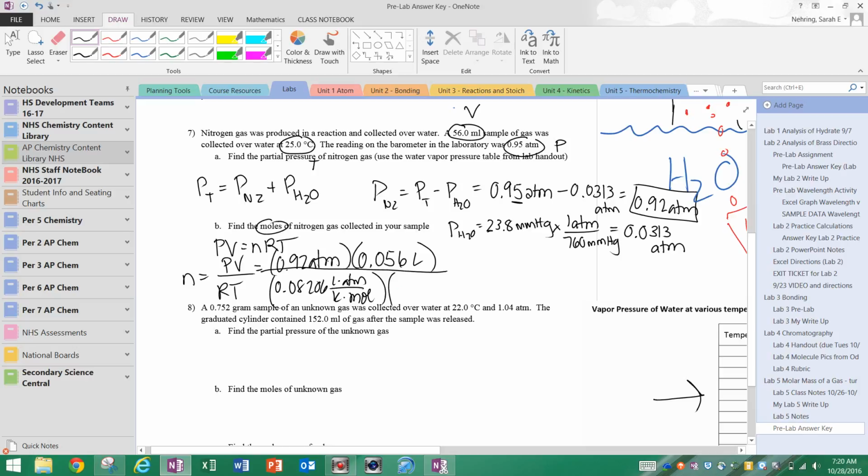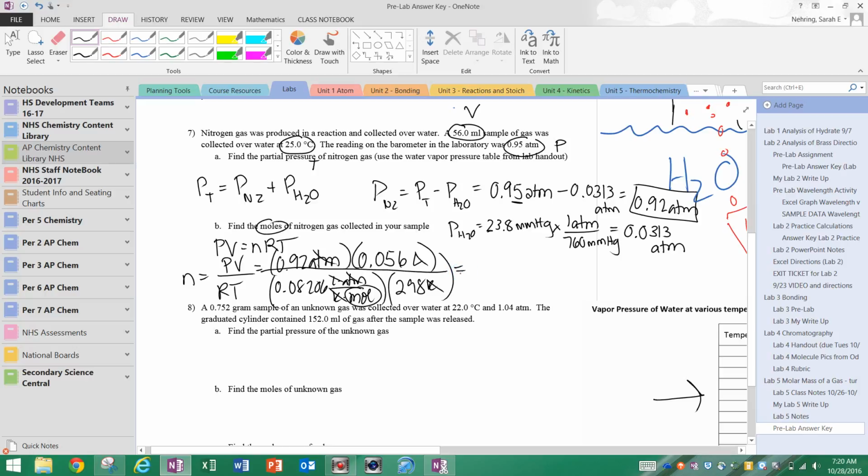Notice I have to pay attention to my units here: atmospheres, liters, and my temperature needs to be in Kelvin. Right now it's 25 degrees Celsius. I'm going to add 273 to that, and that's 298 Kelvin. Notice how all my units cancel out except for moles, and that's what I'm trying to find, so that's a good sign.